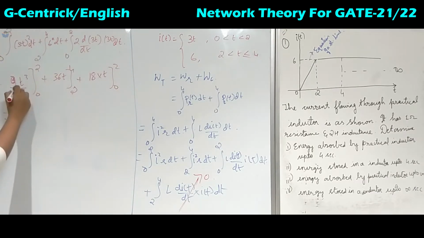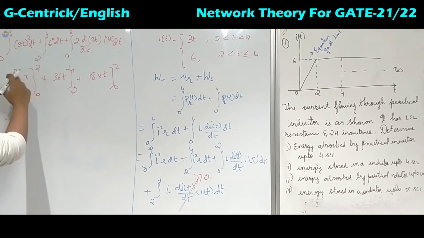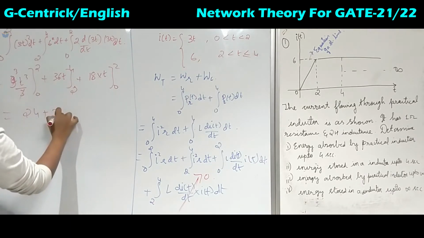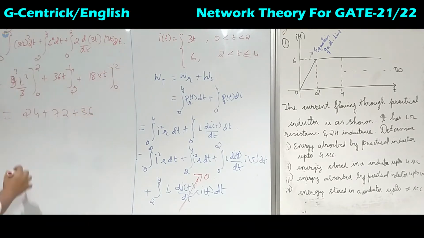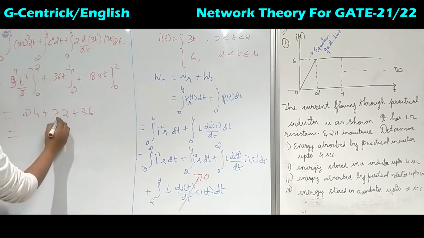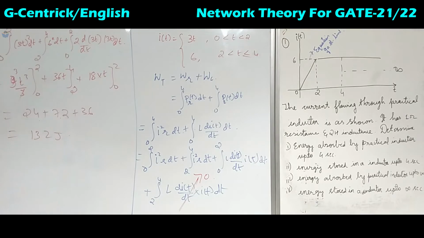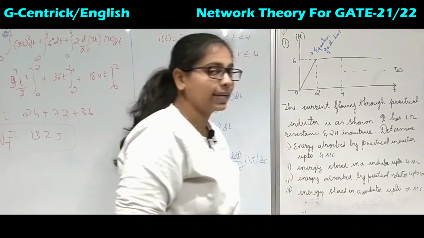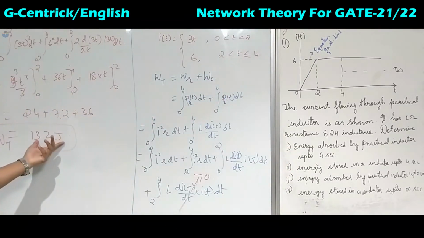So now this 3 gets cancelled, so 3t cube gives 8, and 8 into 3 is 24. Okay, then 36 into 2 is 72, plus 2 into 8 is 36. Then if you add it up, we get 132 joules. So this much total energy is absorbed by the practical inductor, that is resistance plus inductor, and we have got the value as 132 joules.